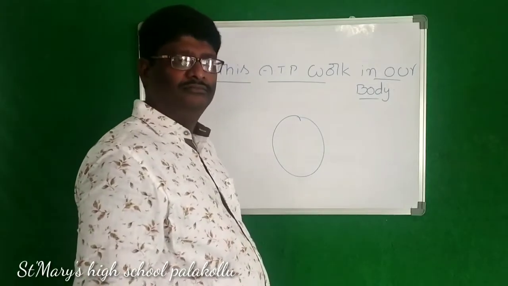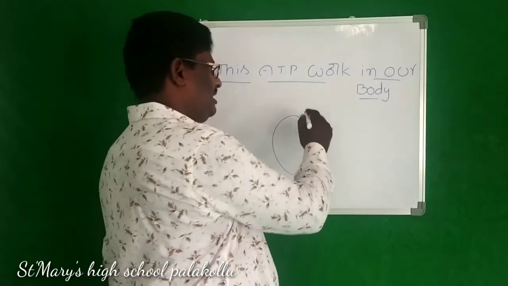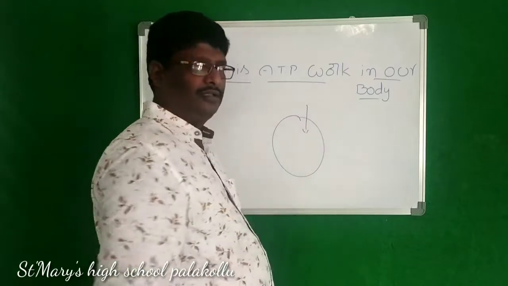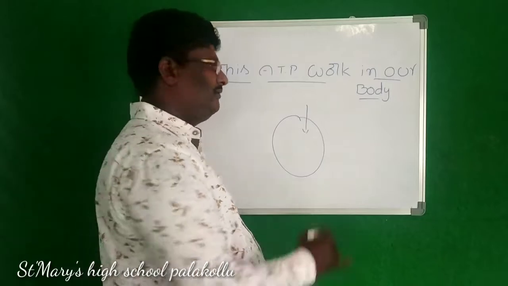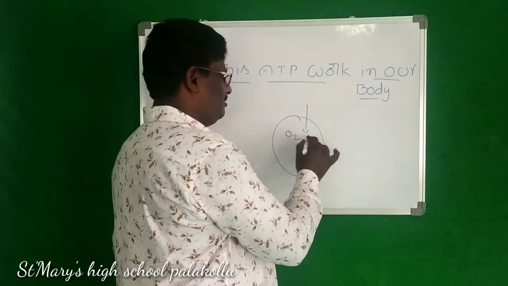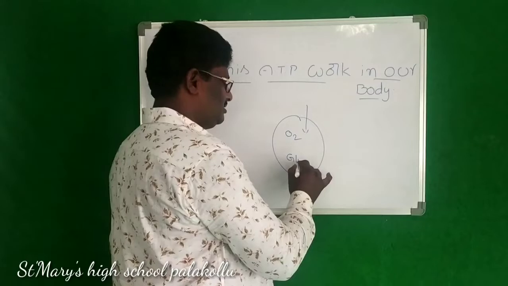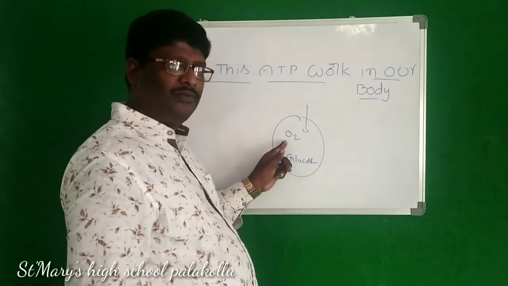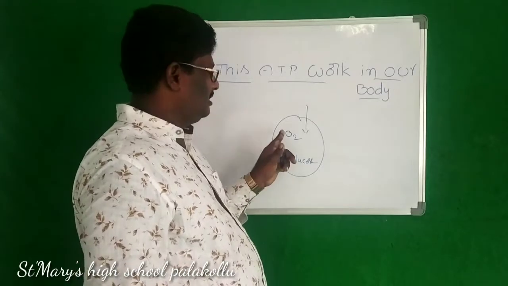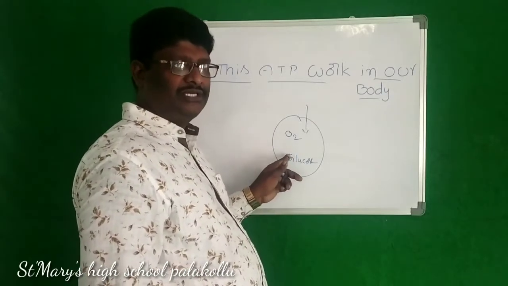this is a cell. In the cell, there is a respiration process. When oxygen is available to the glucose, aerobic respiration takes place.